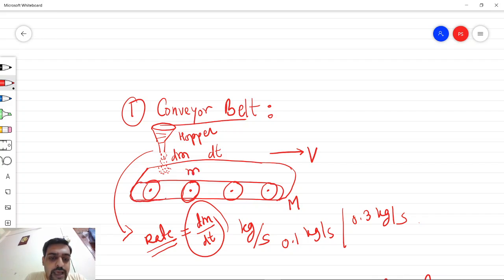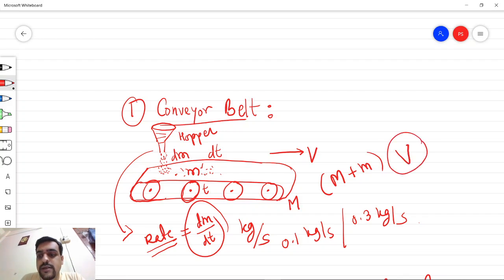So let us say a mass small m is present on this conveyor belt at some instant of time t. In that case, the total mass of this conveyor belt is going to be small m plus capital M, and the velocity is constant given by letter capital V.